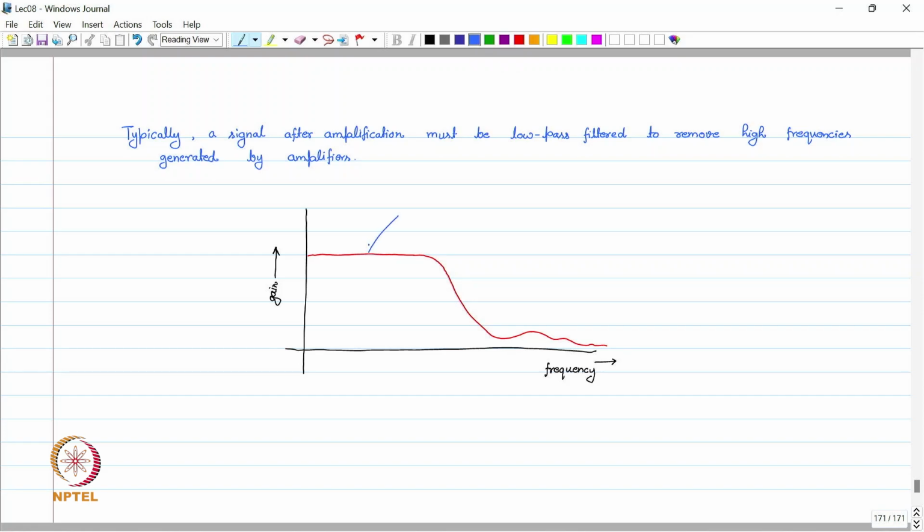This portion where the gain of a filter is high is called the pass band, and where the gain of a filter is very low is called the stop band. And this portion where the gain is transitioning from high to low is called the transition zone.